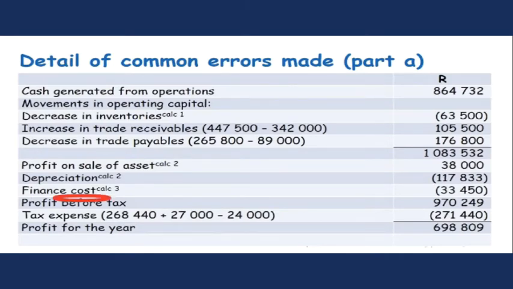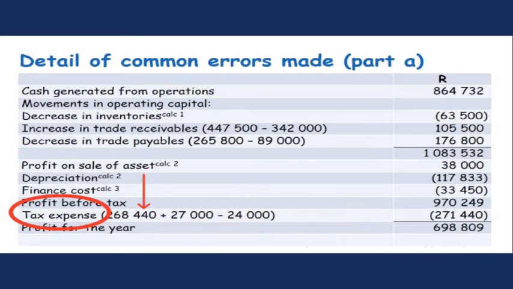When calculating the income tax expense, a lot of students only included the 268,440 cash flow taxation paid in the profit for the year calculation. Remember, again, we account for transactions based on the accrual basis of accounting and not the cash basis of accounting.